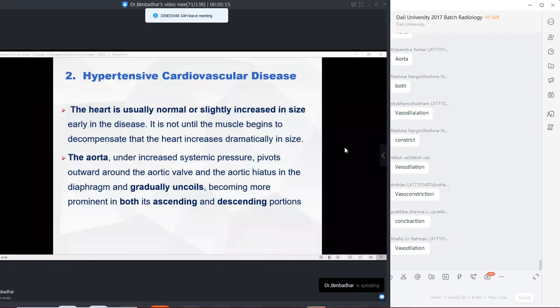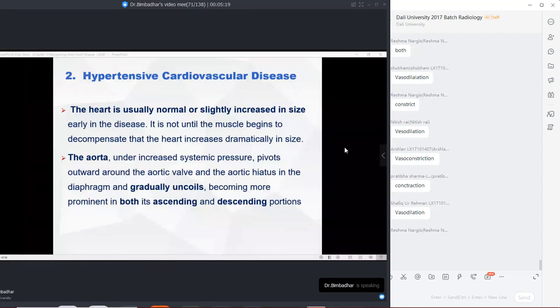Rishma says constriction. Nitish Rai, why do you say it as dilatation? Why does Nitish and Shafiq say it as vasodilatation? Is increase in the blood pressure called vasodilatation? Or hypertension is happening because there is vasoconstriction?